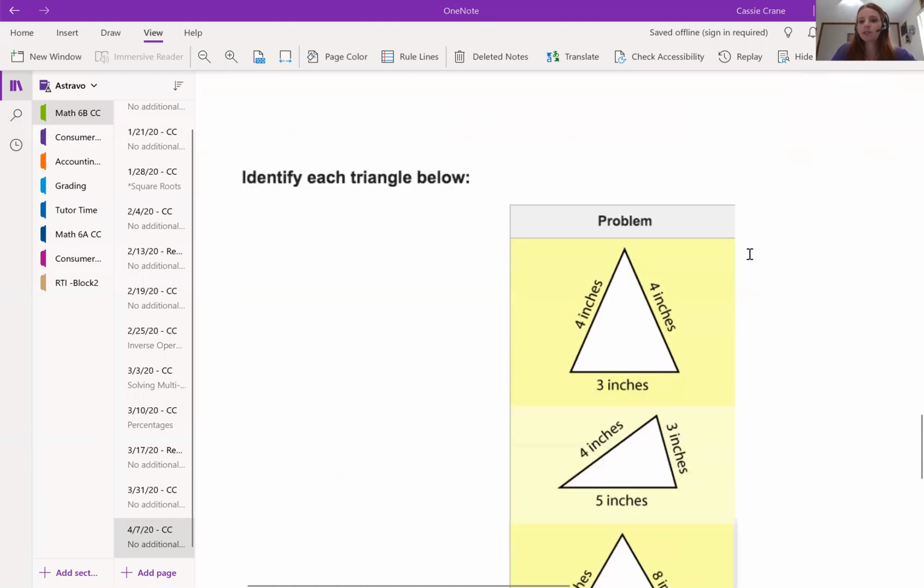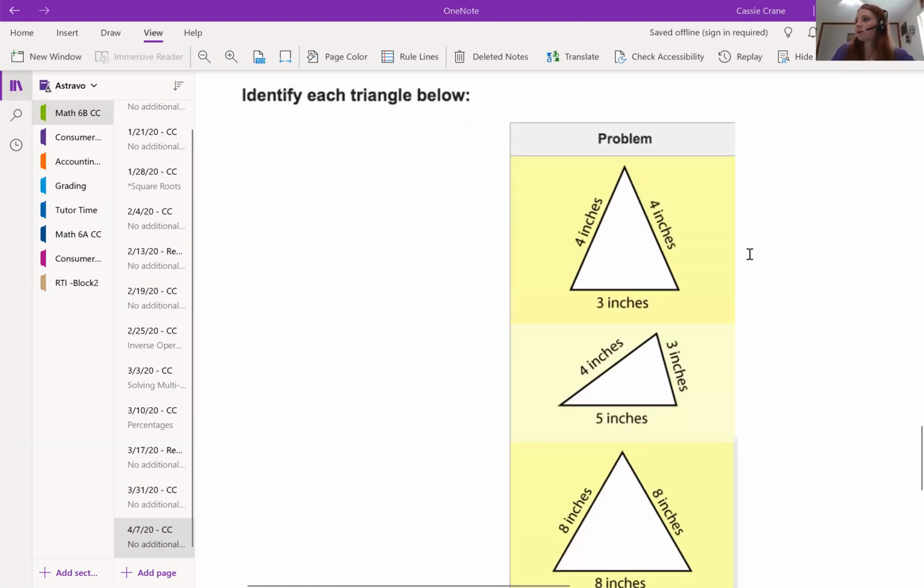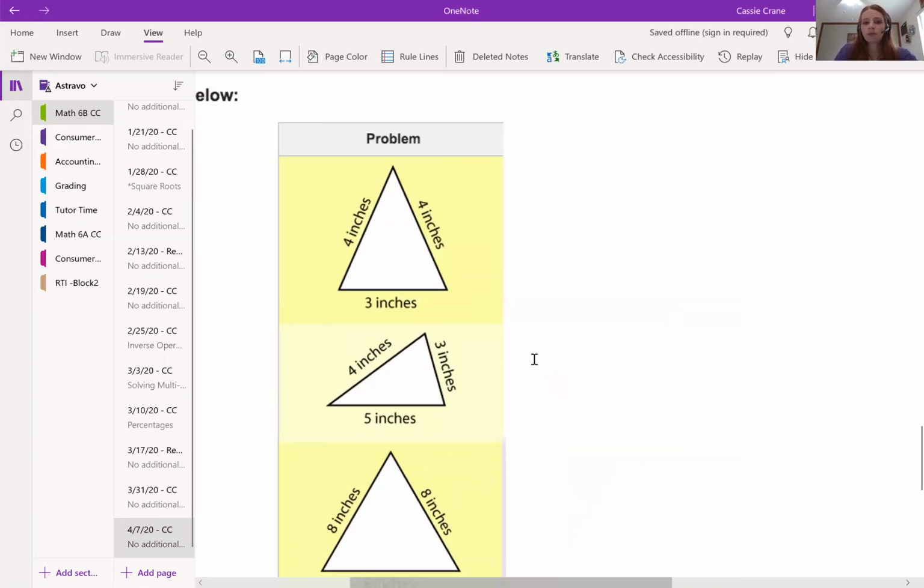So right now we're just going to practice what we learned about classifying them by their side lengths. And we're going to identify these. So let's look at this first one right here. What kind of triangle is this? Yes. This one's isosceles.